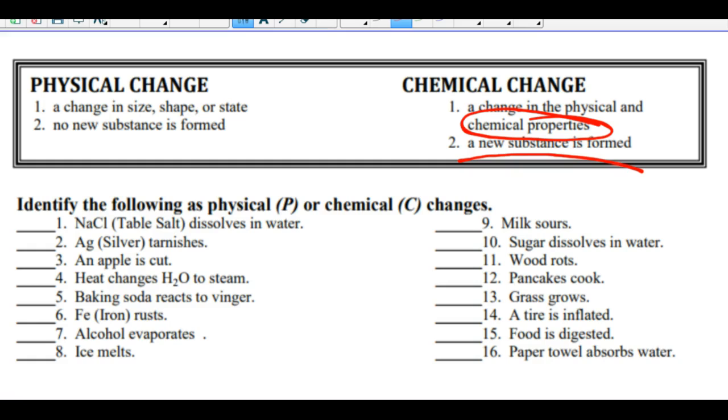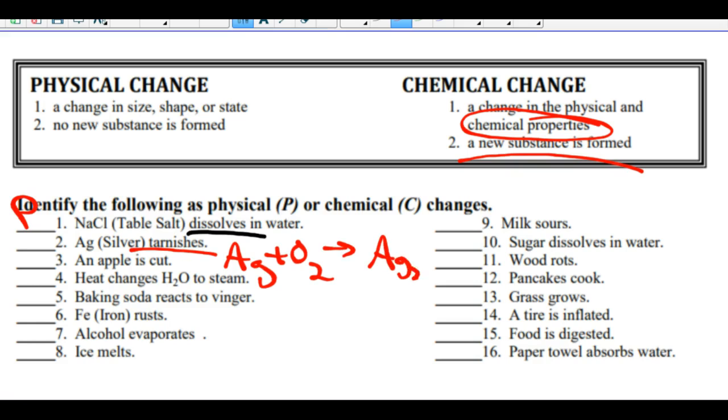Alright, so here we go. When something dissolves in water, it's still there, so we know that that is in itself a physical change. Tarnishes is when silver reacts with oxygen to make silver oxide. Alright, so if there's a reaction to tarnish, chemical. An apple is cut, that's a change in size.